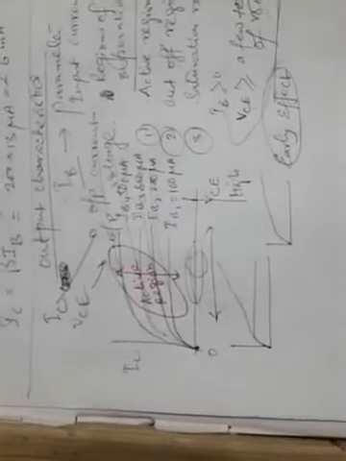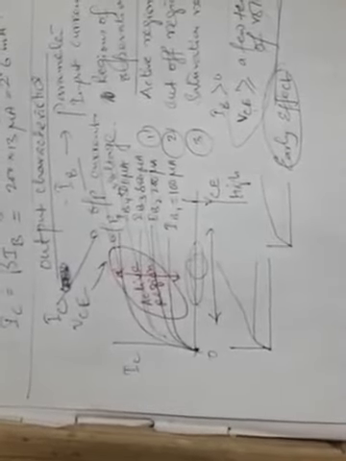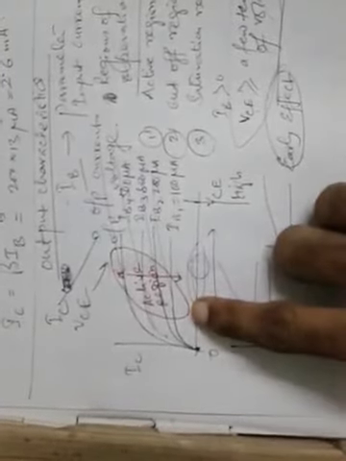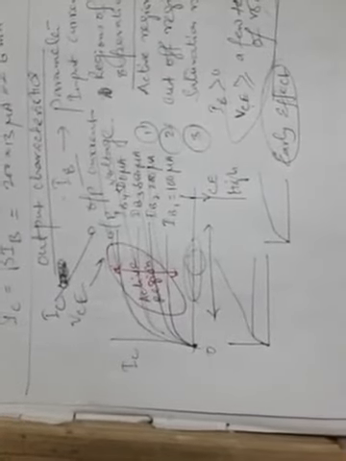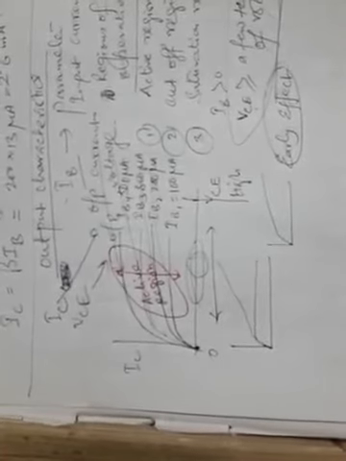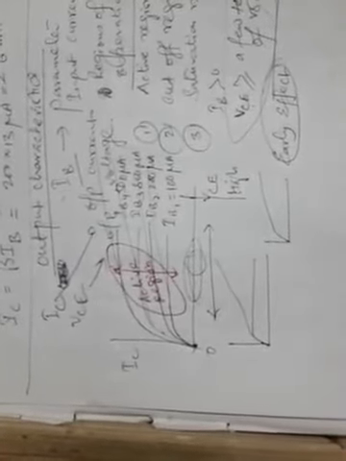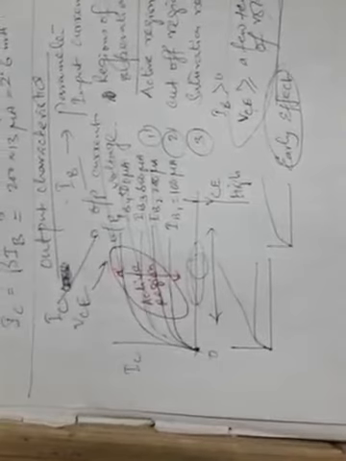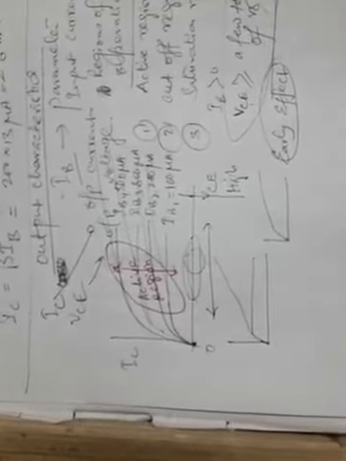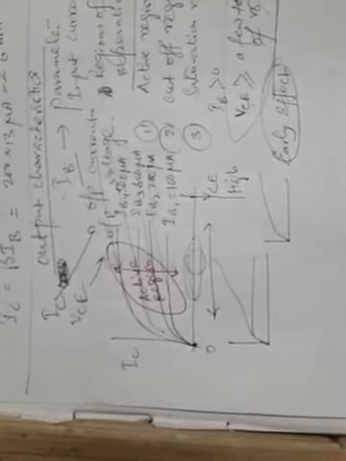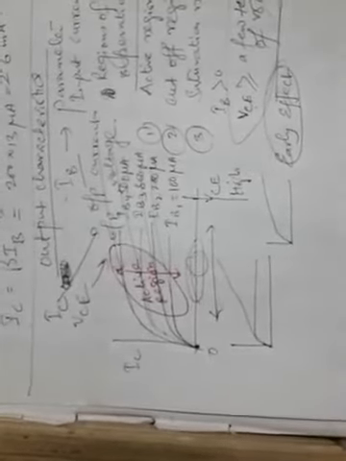So what we need to do is reverse bias the emitter junction slightly. In the normal case the emitter junction is forward biased, but we need to make it a little reverse biased, suppose 0.1 volt, which is sufficient to make IC approximately equal to 0, and the transistor is said to be in cutoff mode and will not conduct any current.